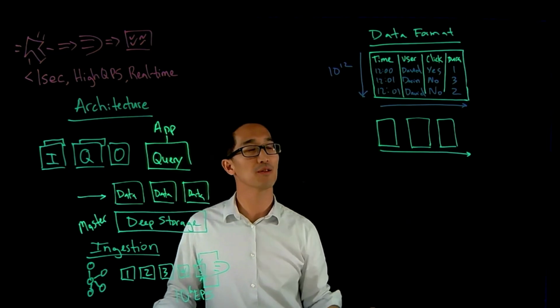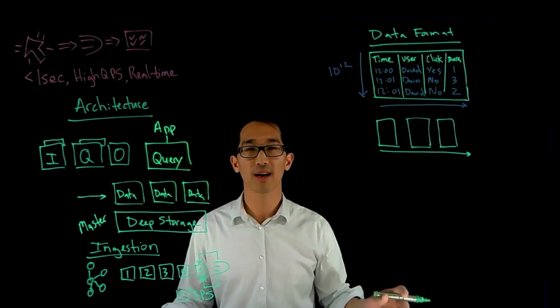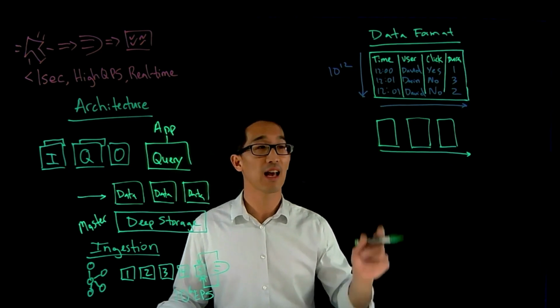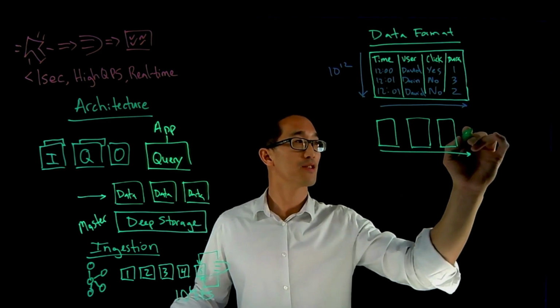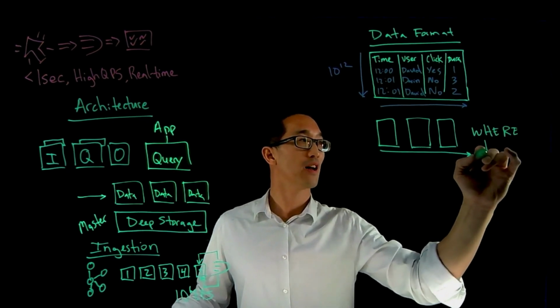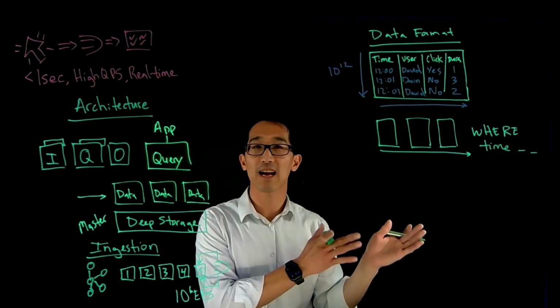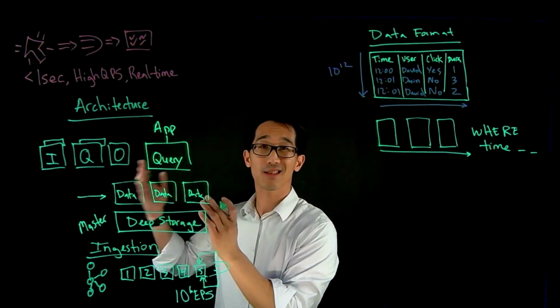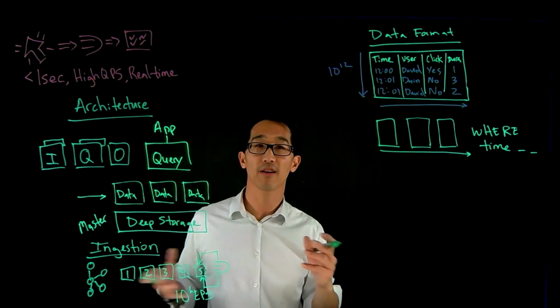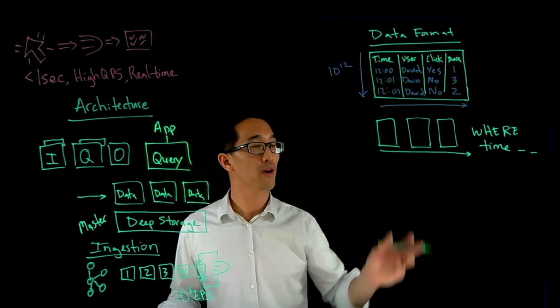And why do we actually do this? It's about having the ability to minimize the amount of data that you have to scan at ingestion or at query time. Say, for example, you're trying to execute a where filter based on time over the last hour as well as time over the last year, and you want to do some comparative pattern recognition.